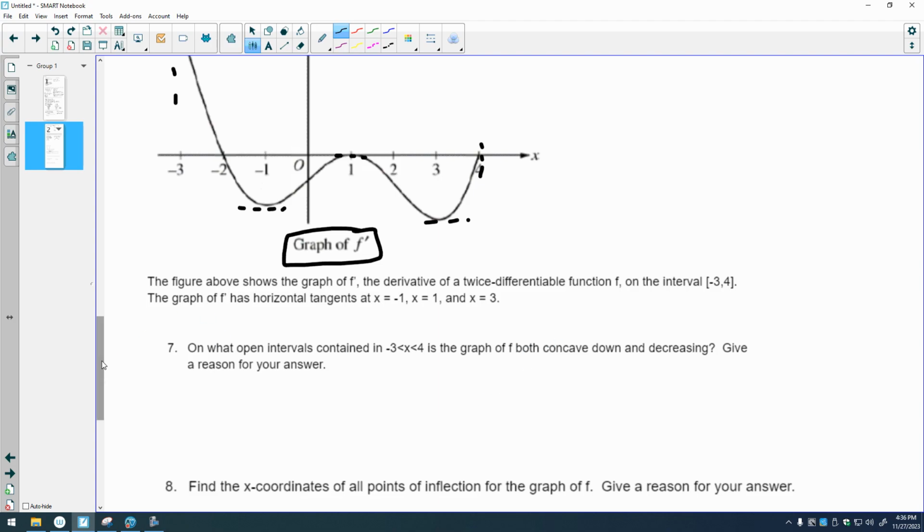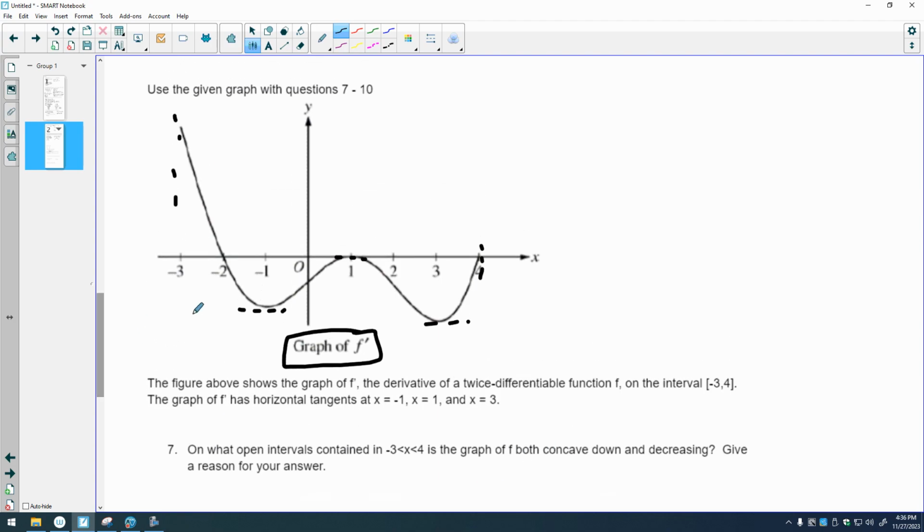Concave down. This is my first derivative graph. We've already talked about this back in question 5. My derivative of the derivative tells me my second derivative. So where my f prime is decreasing, f double prime is negative. So f double prime is negative from -3 all the way to -1.